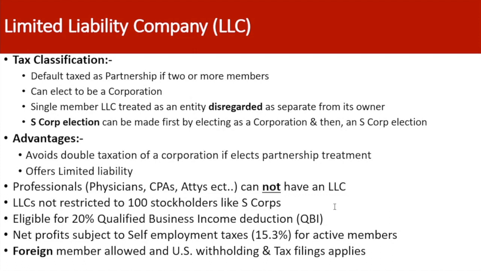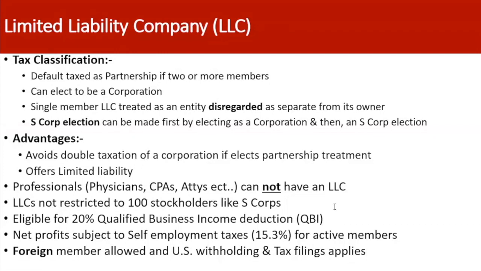LLCs are not restricted to 100 shareholders like an S corp. So an LLC can have an unlimited number of partners or members. An LLC is also eligible for the 20% qualified business income deduction, and the profit an LLC has is subject to 15.3% self-employment tax for the active members who are involved in the active business.